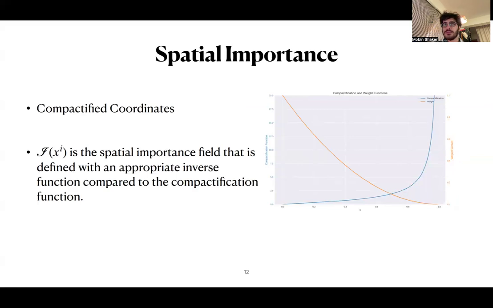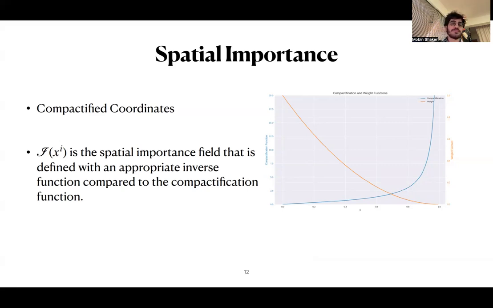In addition to time importance, we also can define a spatial importance field like this. The spatial importance comes from the specific form of this compactification transformation. And we can always numerically take the inverse of this compactification function, and then have a cutoff around zero and interpolate it to the zero, which is always a good guess.